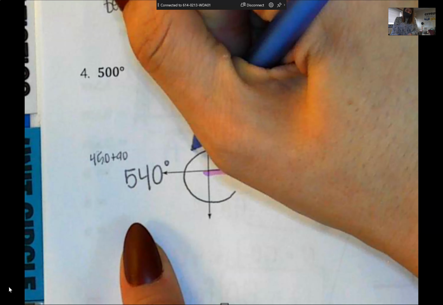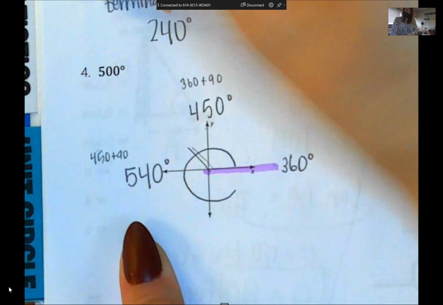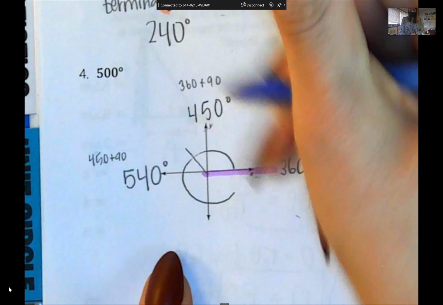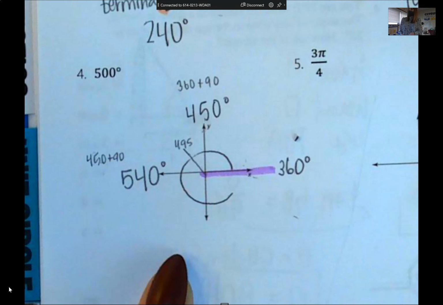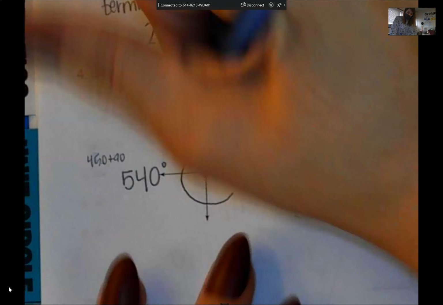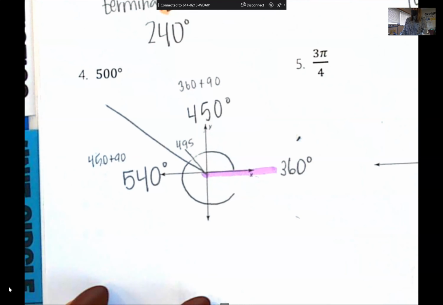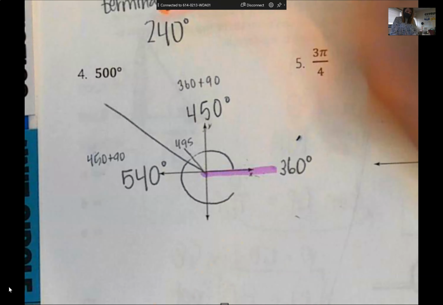So halfway, I would add 45 to get halfway, and that puts you at 495. So a 500 degree angle is like that guy right there, and that would be my terminal side.